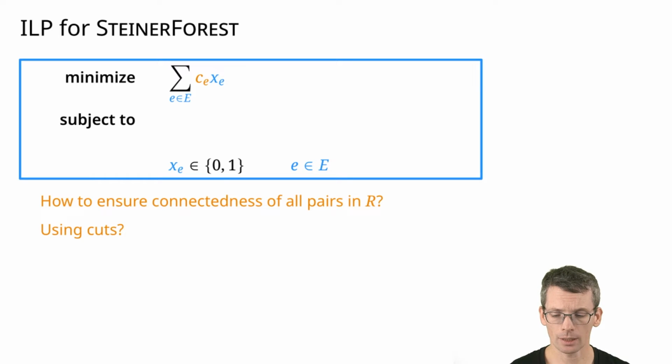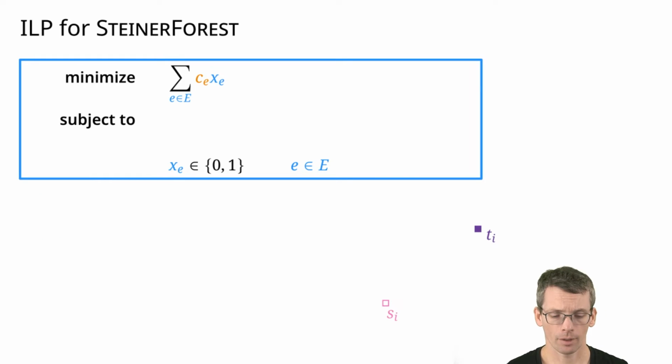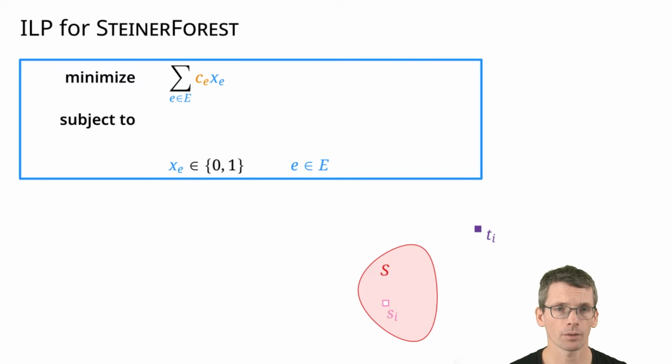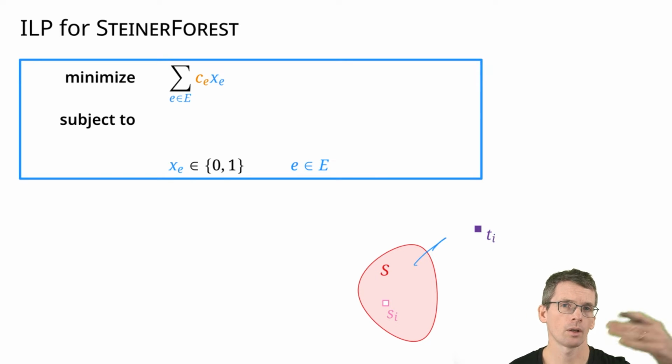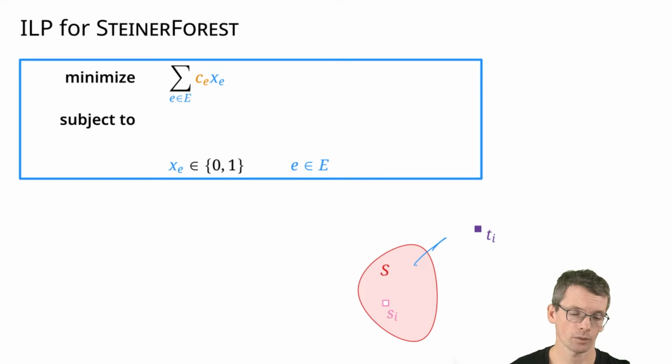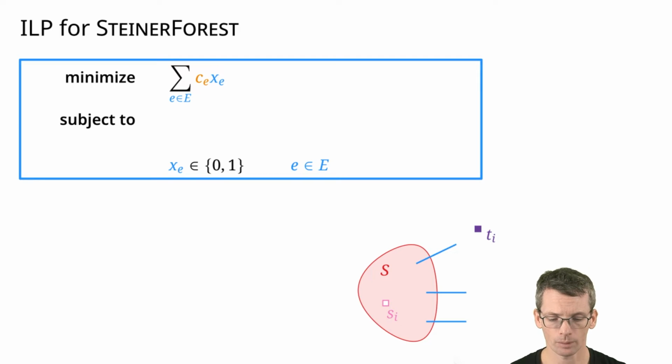Yeah, so let's see how that looks. Here we have a pair si-ti, and let's say I have now a subset of the vertices that contains si but not ti. Then to guarantee connectedness, we will need to have an edge from a vertex in the set that goes to a vertex outside of the set, because otherwise si and ti would be in different components.